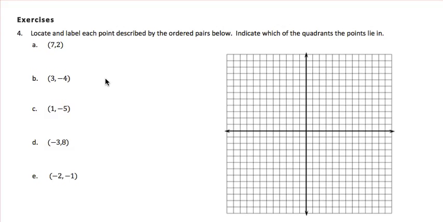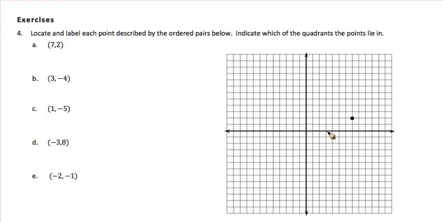In exercise 4, we're asked to locate and label each point described by the ordered pair, and then indicate in which of the quadrants the points lie. So point A would be at 7, 2. We go 7 across and up 2. Please notice we do not draw lines connecting those points. Point B is 3, negative 4.